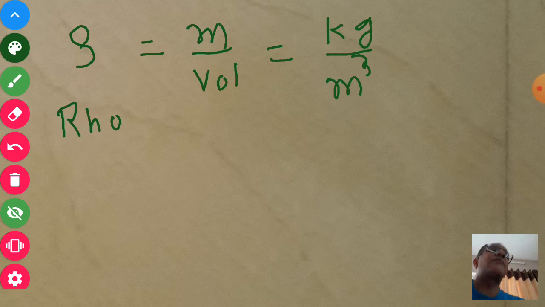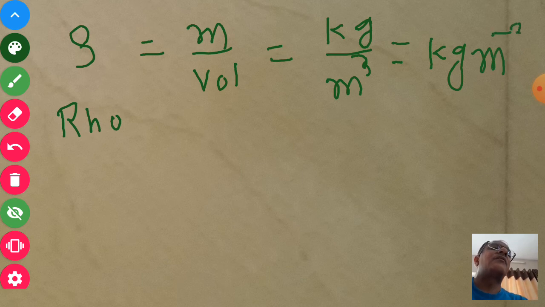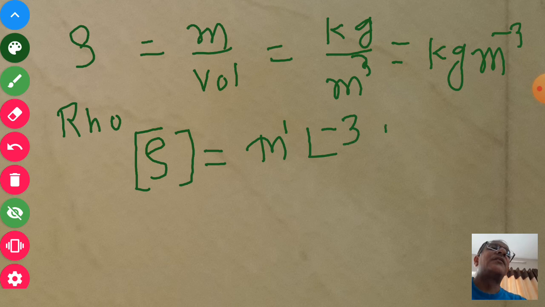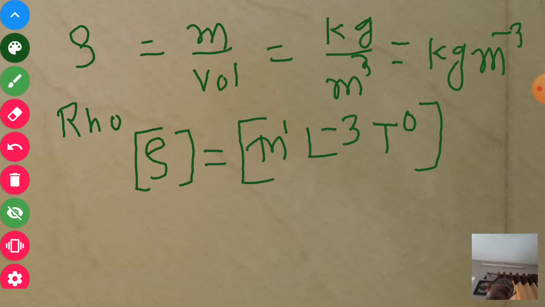So kilogram per meter cube we can write, kg per meter cube. So now you can write the dimensional formula for this density. The dimensional formula will be M1 L minus 3 T raised to 0. So this will be the dimensional formula for the density.